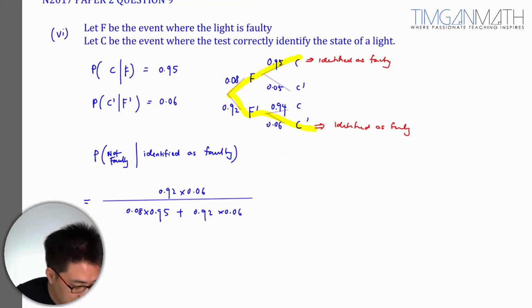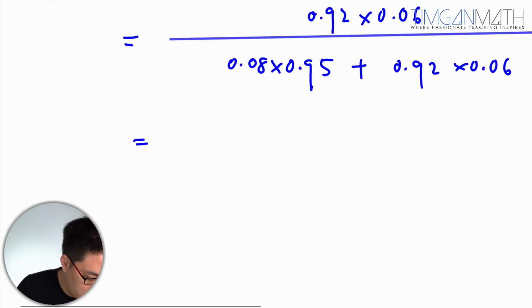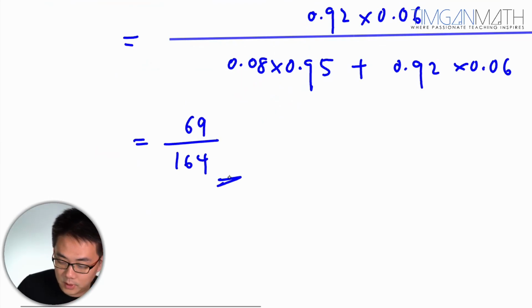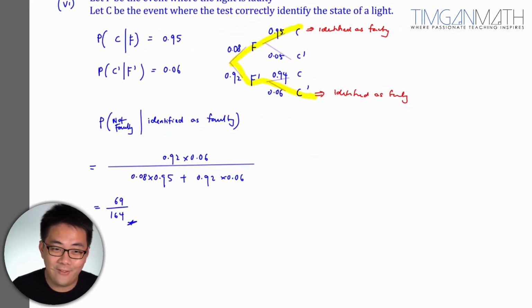Alright, so key into the calculator: 0.92 times 0.06, divided by 0.08 times 0.95 plus 0.92 times 0.06. This case here would be 69 over 164. So this is how you do this question proficiently. Any questions? Please do let me know, okay?